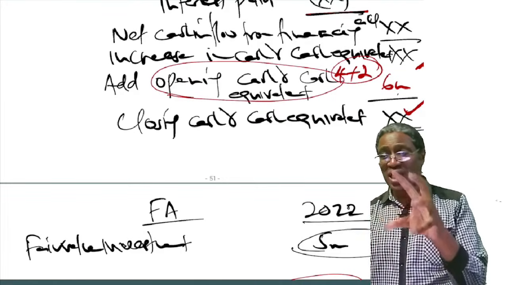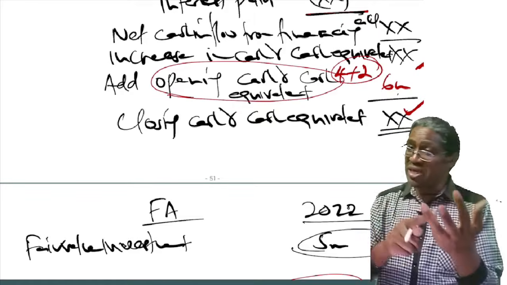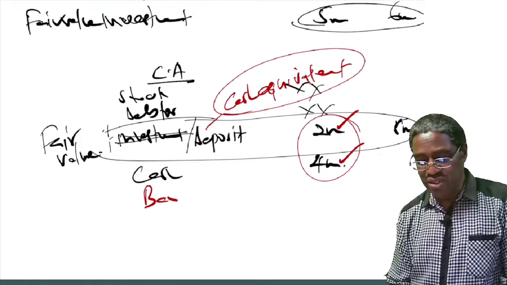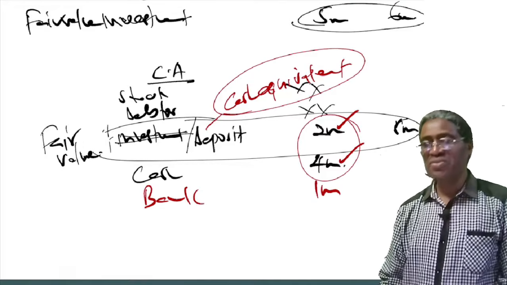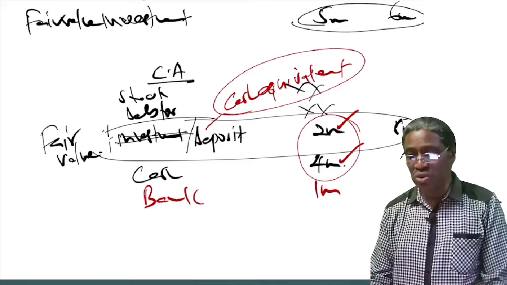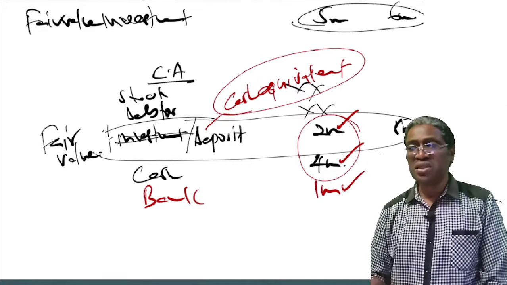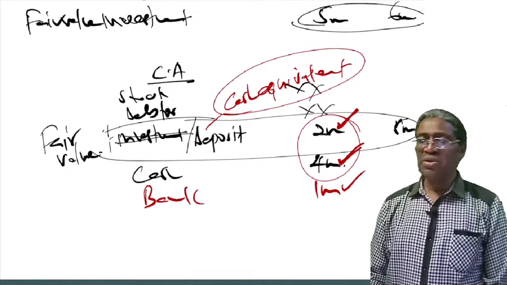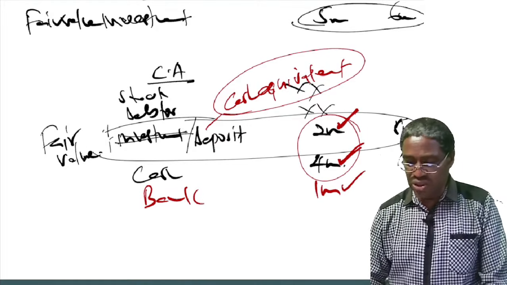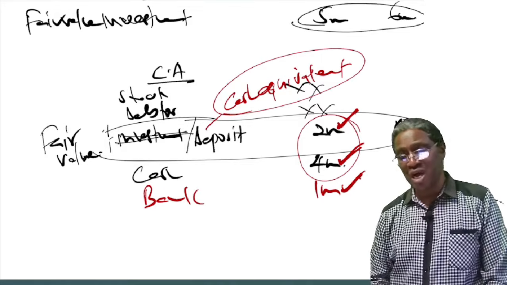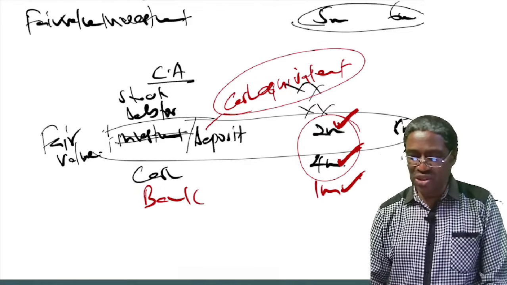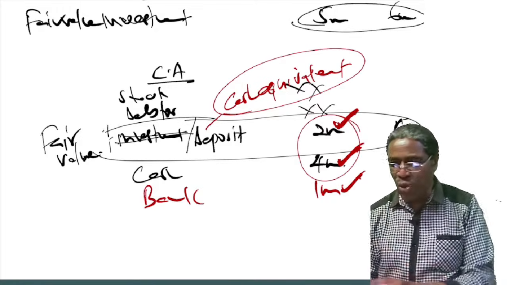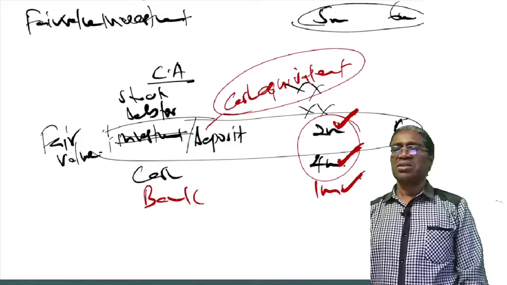When you are adding the cash and cash equivalent, take the money in the bank. Don't forget, there could be balance in the bank. Let's assume 1 million. So cash and cash equivalent will comprise this money in the bank of 1 million, cash of 4 million, and this short-term investment of 2 million. So your opening cash and cash equivalent is 7 million.